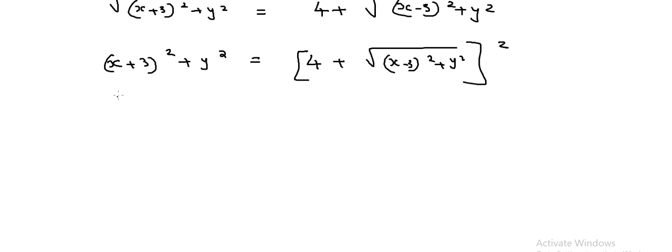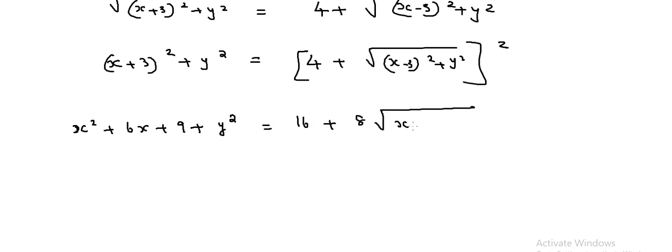So when we simplify here, this is a plus b whole square form. x square plus 6x plus 9 plus y square is equal to, this is a plus b whole square form, a square plus 8 root of (x minus 3) whole square plus y square plus (x minus 3) whole square plus y square. Here a plus b whole square is equal to a square plus 2ab plus b square.